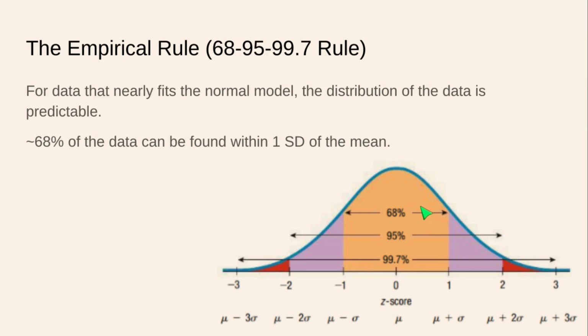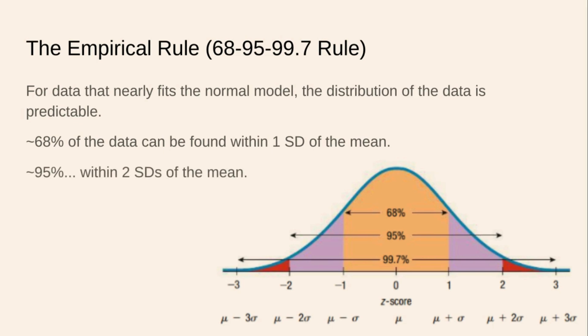So this 68% refers to literally the area between the curve and the x-axis bounded by this interval from -1 to 1 z-score, okay? It's literally an area that denotes the probability of something happening. That something being a random variable assuming a value within one standard deviation of the mean.